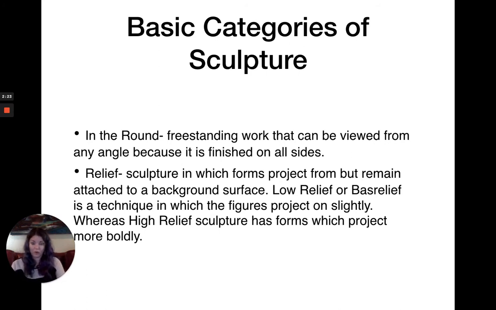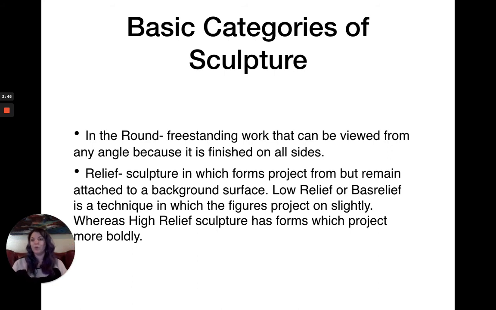In the round would also be, for those of you who should all now have gone to the Springfield Art Museum, the sculpture out in the front that sometimes is called the French fries. It's actually called Sun Target 2. That sculpture, you can walk all the way around it. So it's very abstract. It's a formalist sculpture. That is an example of sculpture in the round. It's a freestanding thing that you can walk around.